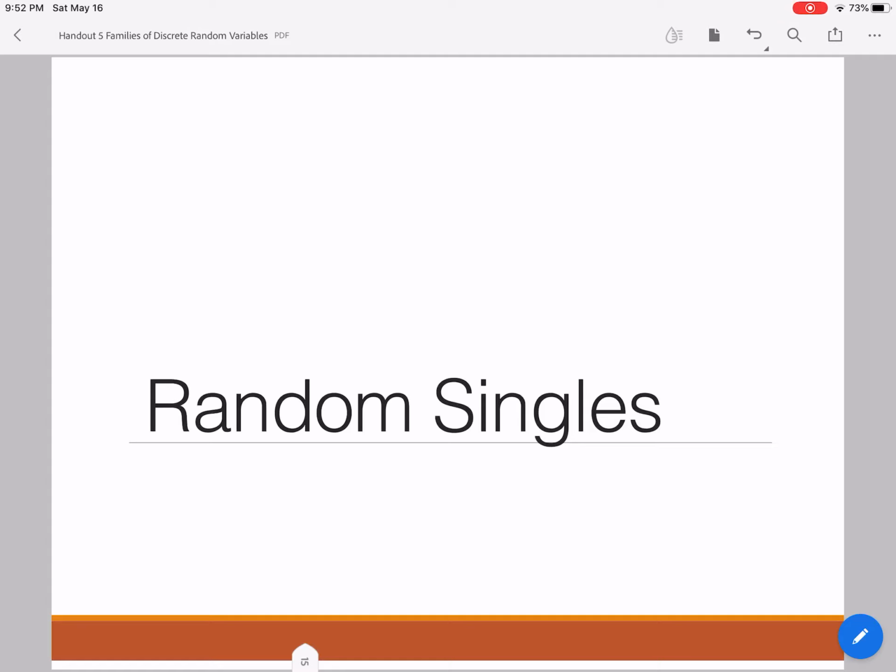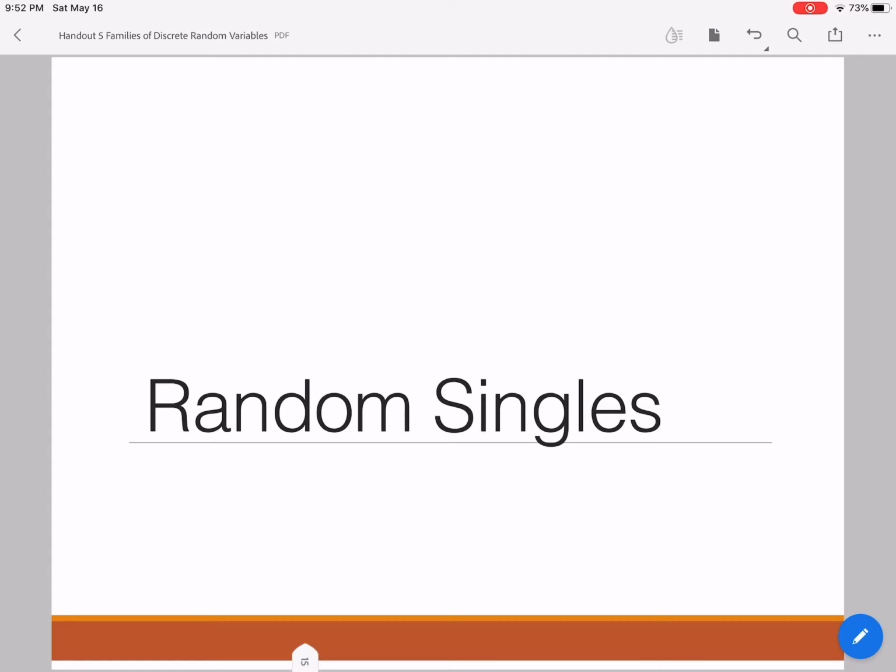For example, I may keep tossing a coin until I get my very first heads. So the number of times that I have to toss the coin is represented using a geometric random variable. So I may want to use the probability mass function of a geometric random variable to solve all kinds of probability problems for that particular experiment.